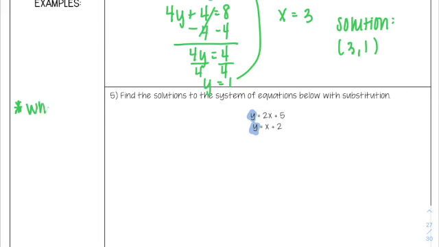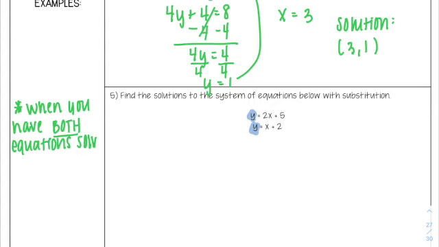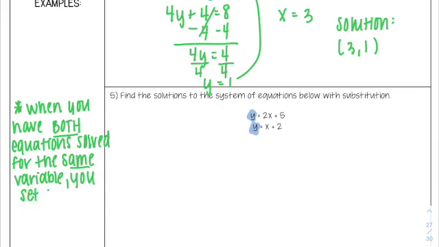So when you have both equations solved for the same variable, you set them equal to each other.